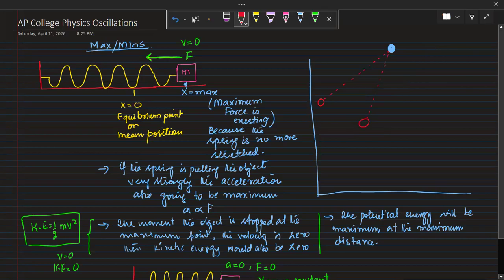And this line shows the equilibrium position of the object, right? Yes, sir. And similarly, on the right hand side, it will be here, and this is going to be your maximum, extreme point.